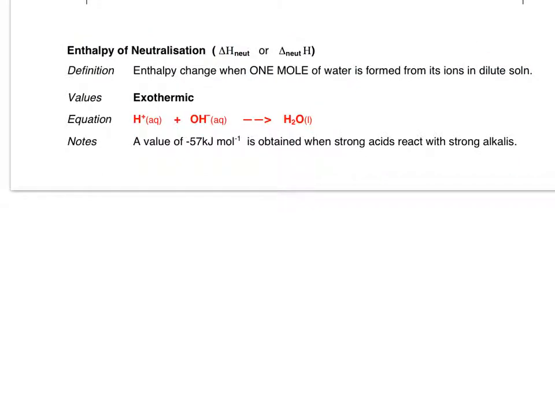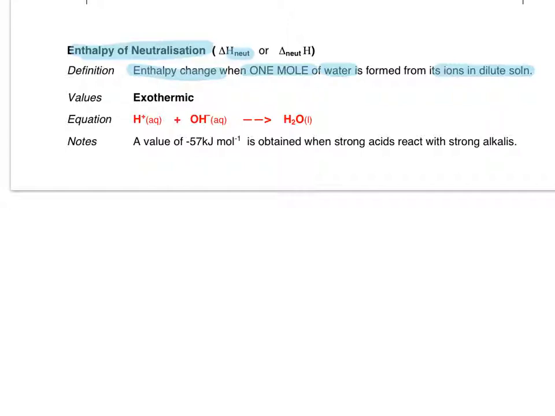Your final enthalpy change that you're supposed to know the definition for is enthalpy change of neutralization, which is just represented like NEUT next to your delta H, next to your enthalpy change. And the definition here is enthalpy change when, again, 1 mole, that's common, it runs through all of our definitions, enthalpy change when 1 mole of water is formed from its ions in a dilute solution.